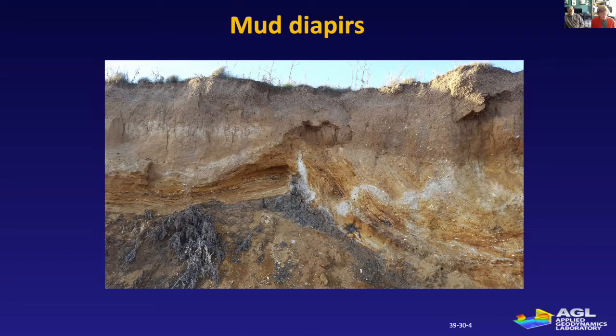So Frank and I have spent much of our careers studying mobile substrates and in particular salt. But in Trinidad and the Gulf of Mexico and other places elsewhere, there are certain types of mud that can also be mobile substrates. And the fundamental difference between salt and mud is that salt is a viscous fluid, essentially.